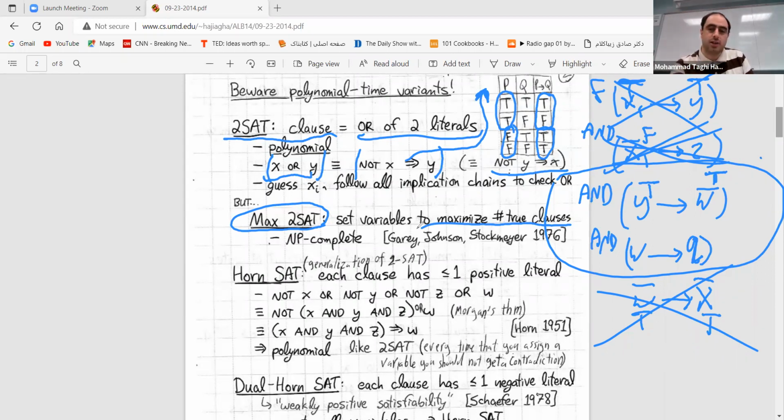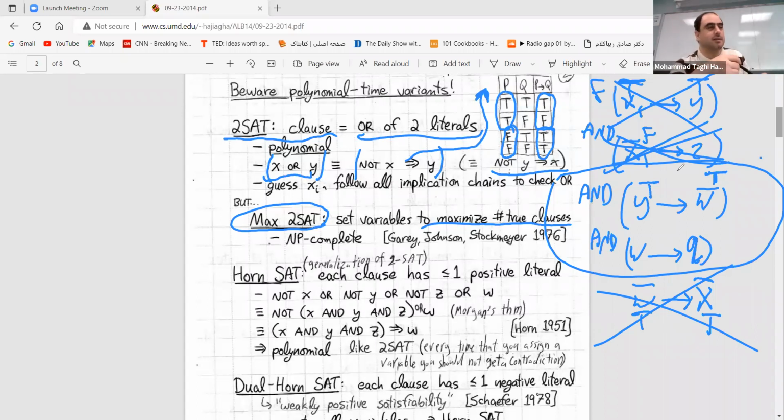The input is exactly the set of clauses as before. However, the catch is that possibly you cannot satisfy everything. Of course, you can run two-sat to see whether you can satisfy everything or not. But say you cannot. Now the question is to satisfy the maximum number of clauses. In this case, even the max two-sat problem becomes NP-complete.